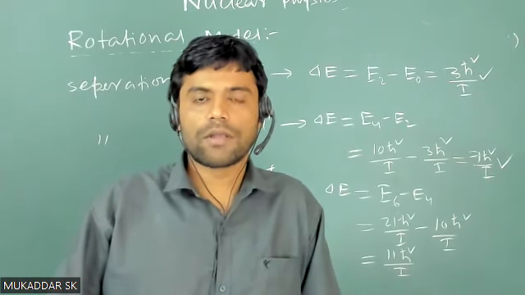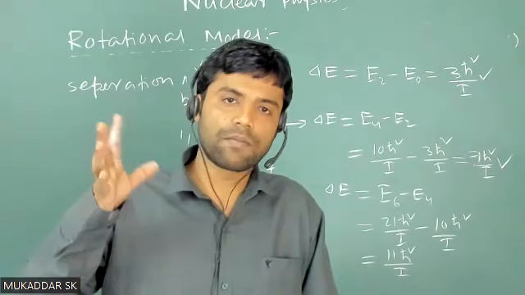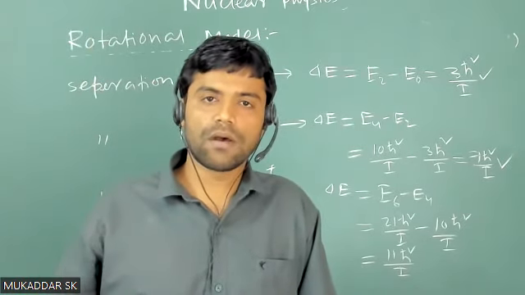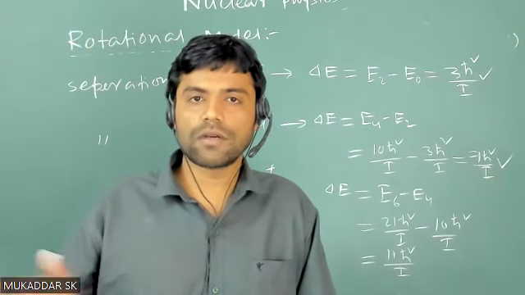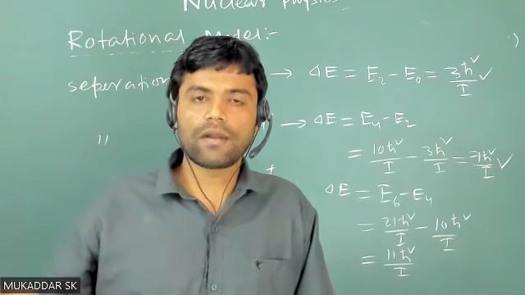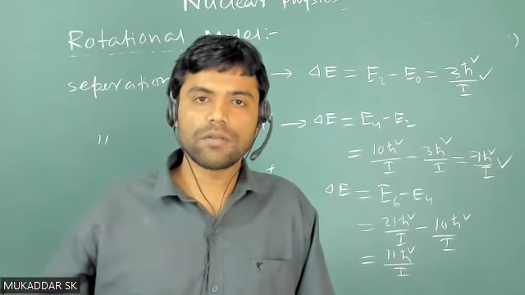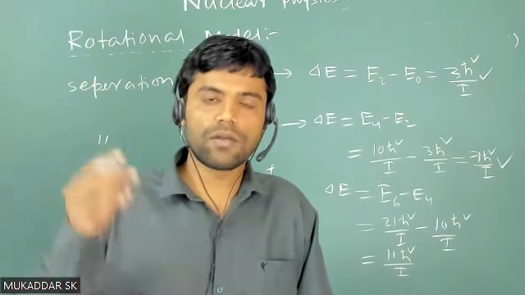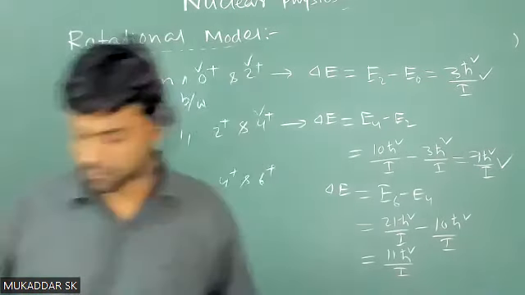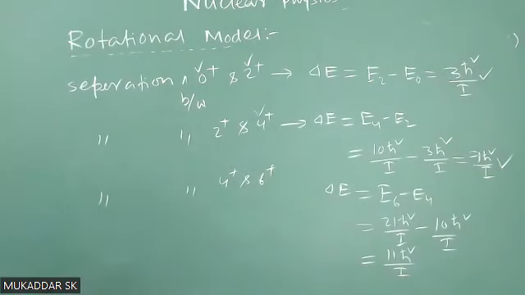So you have experimental data, then you are going to discuss the theory, right? So why is that odd parity not possible? Because that state is not matching with the experimental data. That's why we are ignoring that. Okay.